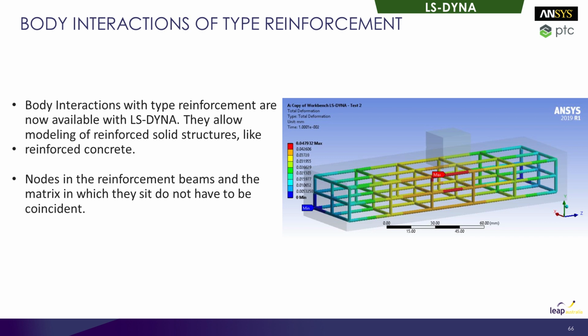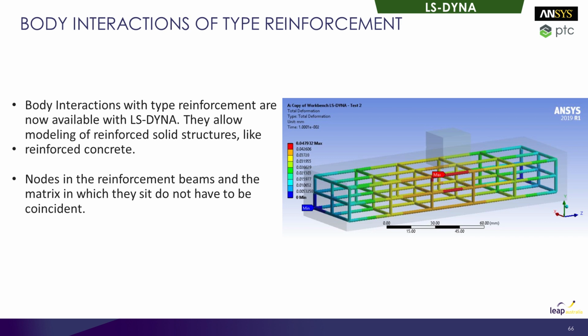So the old approach of modeling, say, reinforced concrete, is you'd model your reinforcement with beam elements, and the nodes of those beam elements would have to be coincident with the nodes of the solid elements, and you would either use constraints or have matching nodes between the beams and the solid elements to transfer the load.